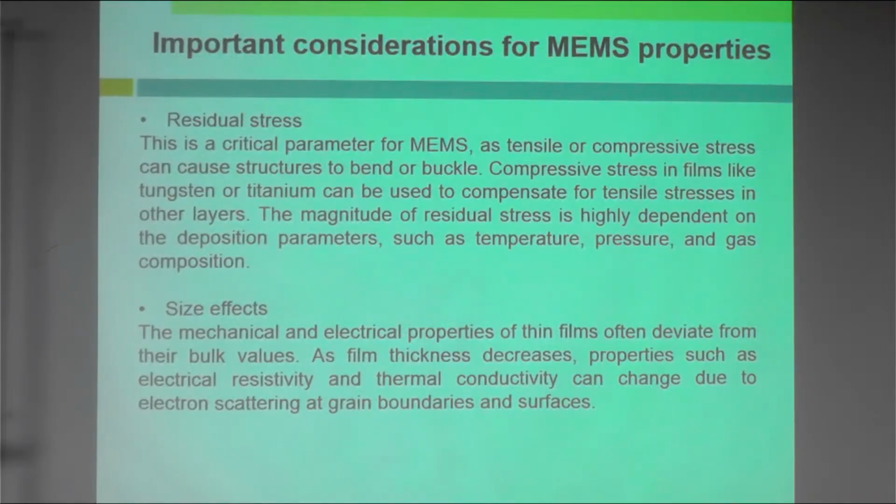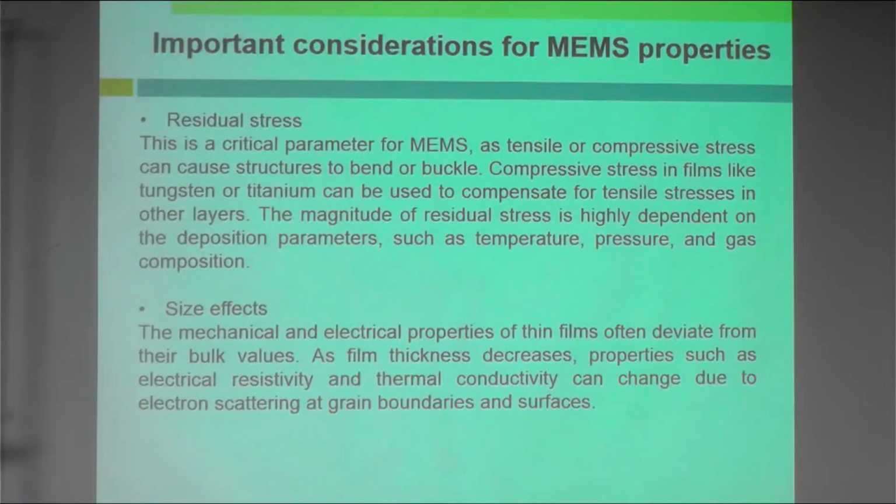Another important property of the materials which we should consider for MEMS devices is the residual stress. This is a critical parameter for MEMS, as tensile or compressive stress can cause structures to bend or buckle. A compressive stress in films like tungsten or titanium can be used to compensate for tensile stress in other layers. And the magnitude of residual stress is highly dependent on the deposition parameters such as temperature, pressure, and gas composition.